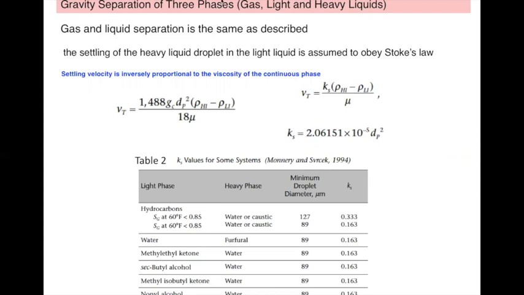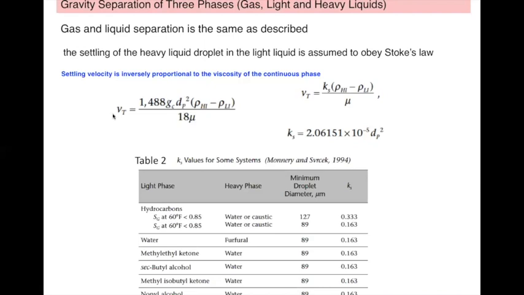So it may be light hydrocarbon or heavier hydrocarbon, so it depends, right? So you see that gas and liquid separation is the same as described, right? But the heavier liquid and lighter liquid have to be separated, and they assume the Stokes law. So you see, once Stokes law is applied, this Vt, that is the settling velocity, right? This Vt is not the terminal velocity now, as for gas liquid separation. Now this is the settling velocity of the heavier liquid and lighter liquid, right?